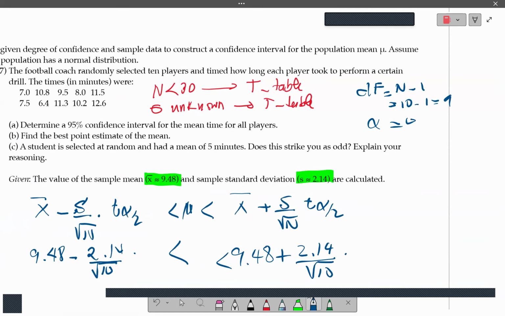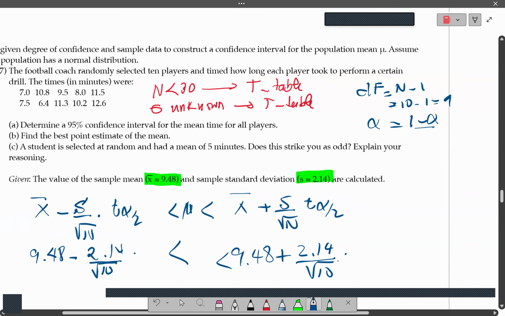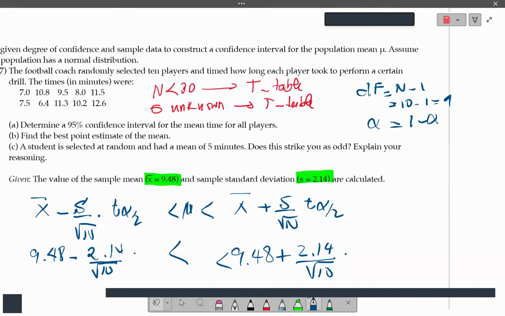The formula for the remaining tail is 1 minus the confidence interval, divided by 2. It means 1 minus 0.95 divided by 2. If I have 95%, what is missing? 5%, correct? So this is going to be 0.05 divided by 2, and that's going to be 0.025.